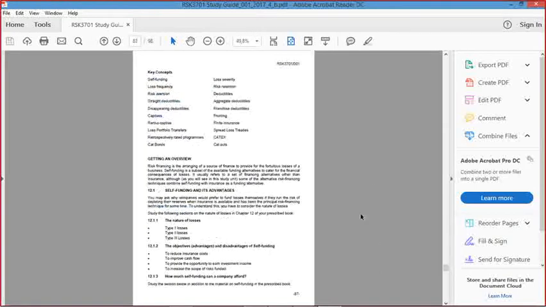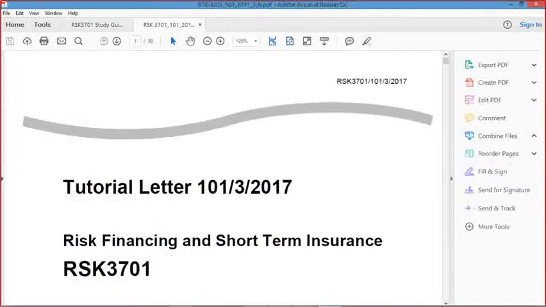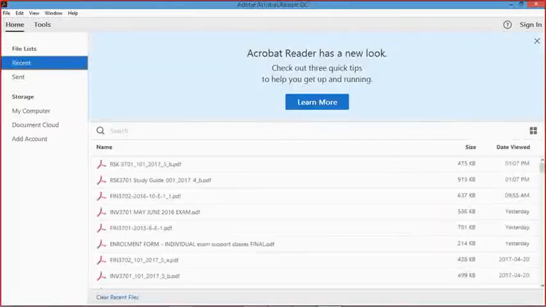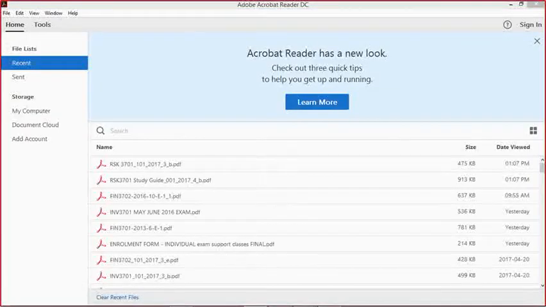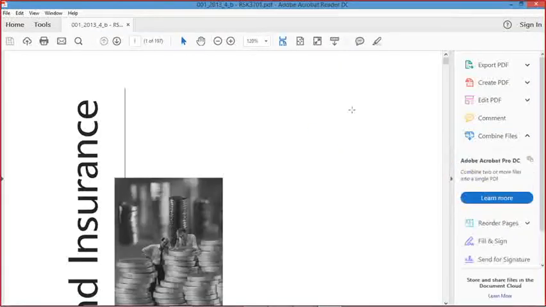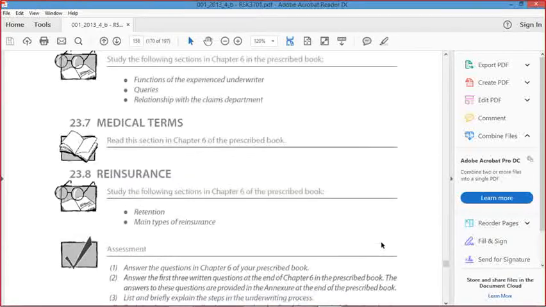I don't think I've opened the right one. It's the other file. Oh, there we go. Here's the one, the 197 page document.